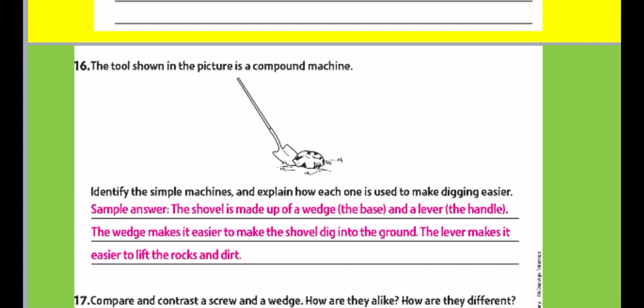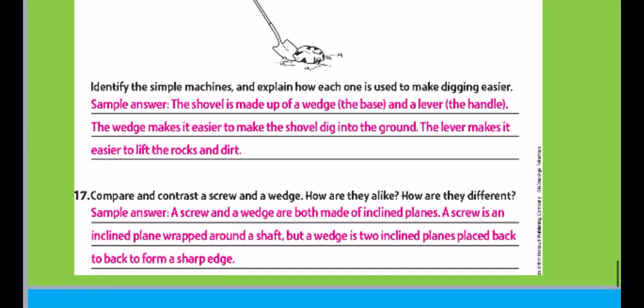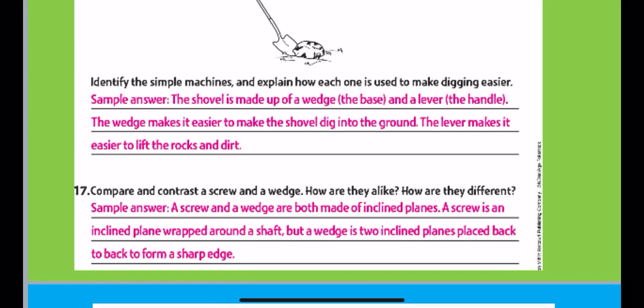The wedge mainly helps the shovel go inside more and more, and then the lever lets you pick it up and put it outside so you can make a hole inside the ground. Excellent.